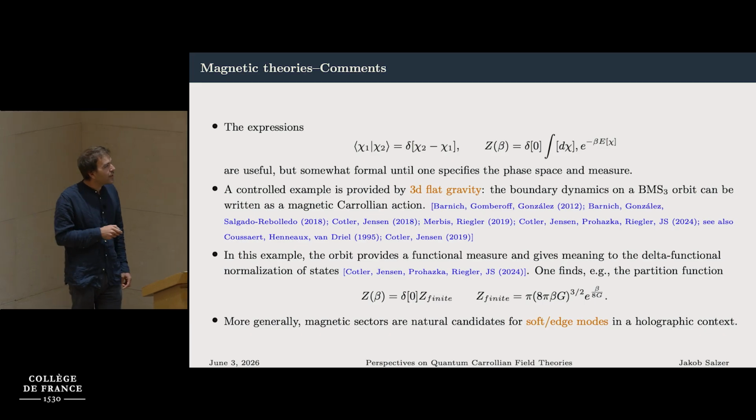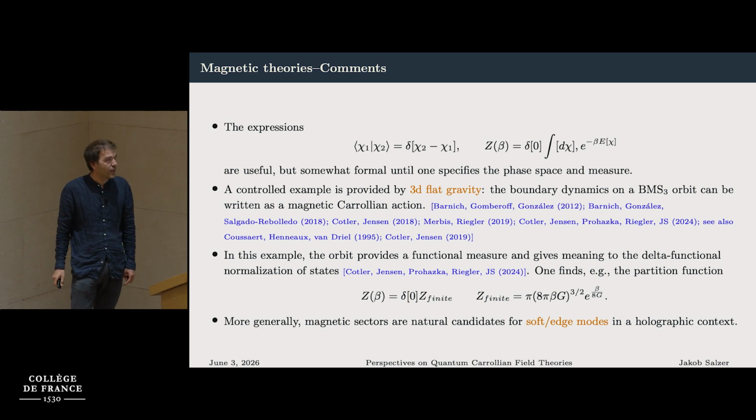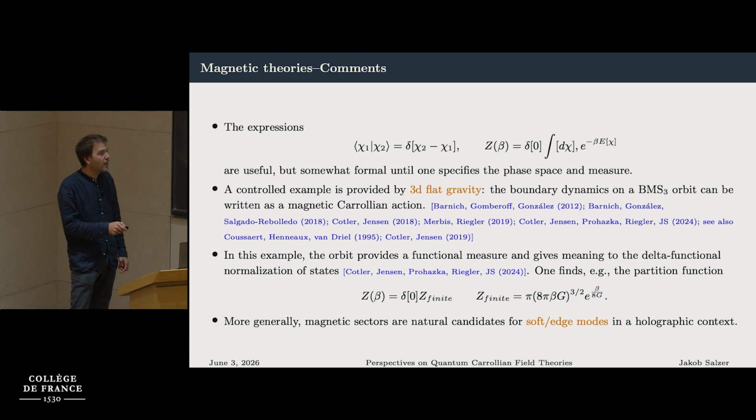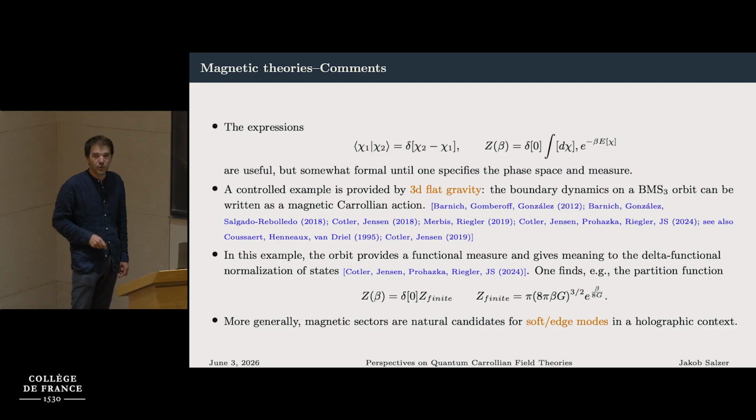What is nice about this is that in this example, the fact that the dynamics happens on this BMS orbit gives meaning to this functional measure, and also to this measure here and to this delta function of the states. So in particular, you find that the partition function of 3D flat space gravity yields this delta functional of 0, so a huge IR divergence, but then also a finite part made up of a saddle point contribution and a one-loop contribution.